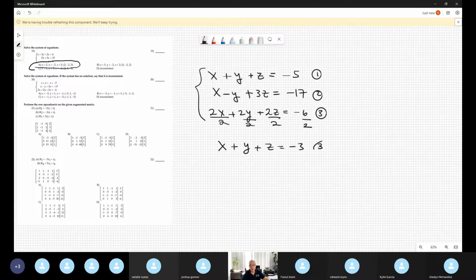When you compare this and the new equation 3 after the division by 2, it's obvious that this is a contradiction. It's impossible because x plus y plus z is either negative 5 or negative 3, but not both. It's a contradiction, so there is no solution. The technical name is inconsistent.